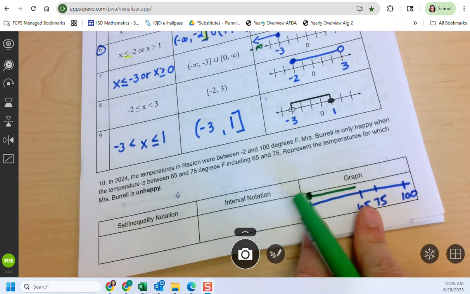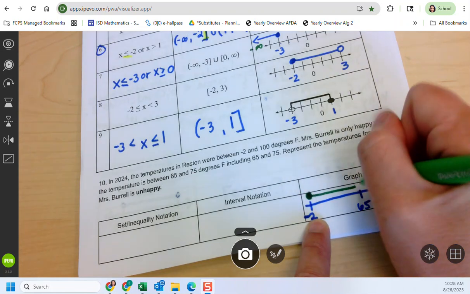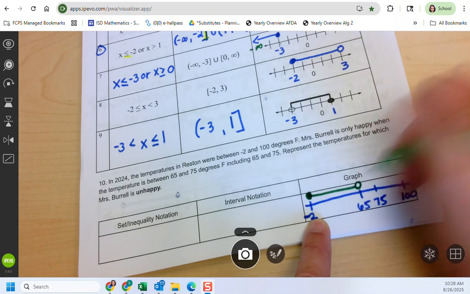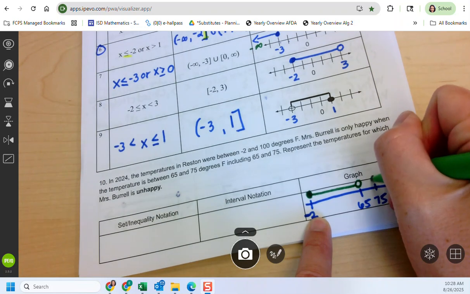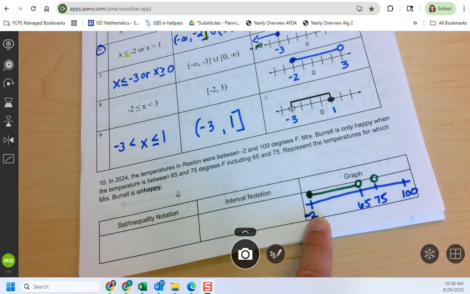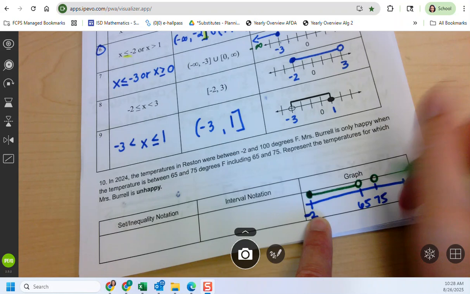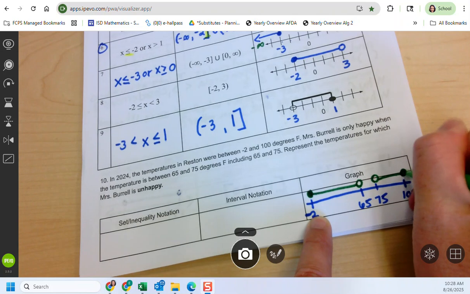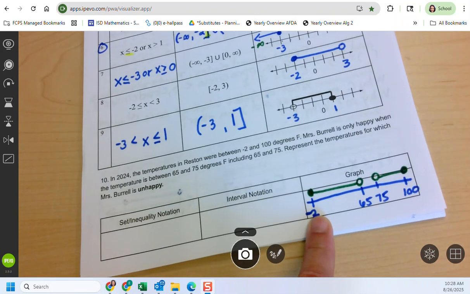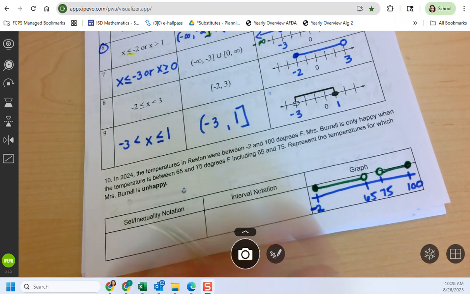Am I unhappy at 65 degrees? No, I'm happy at 65 degrees. So I don't include this one, because 65 was included in my happy temperatures. So it's not in my unhappy temperatures. Same with 75. 75 is a happy temperature. So I don't include it in my unhappy temperatures. And then it goes all the way up to what? 100. And I'm including 100. I'm still unhappy at 100. So according to this graph, I'm unhappy most of the time.